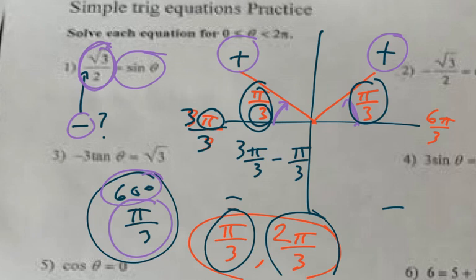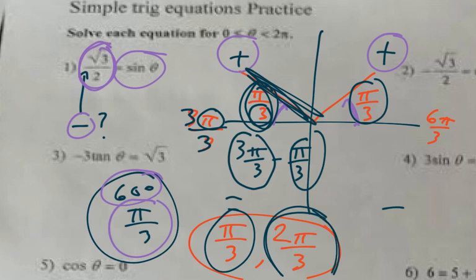I hope that makes sense. Remember, you're always referencing the x-axis, and pi in this case, just think of it as 3 pi over 3. So pi over 3 into quadrant 2 means I go backwards pi over 3. If I take 3 pi over 3 and take away pi over 3, I know this angle right here is 2 pi over 3.